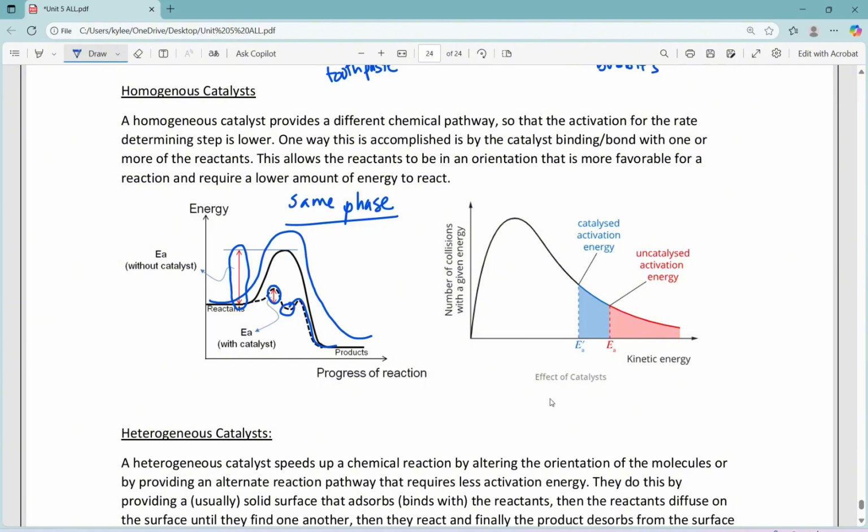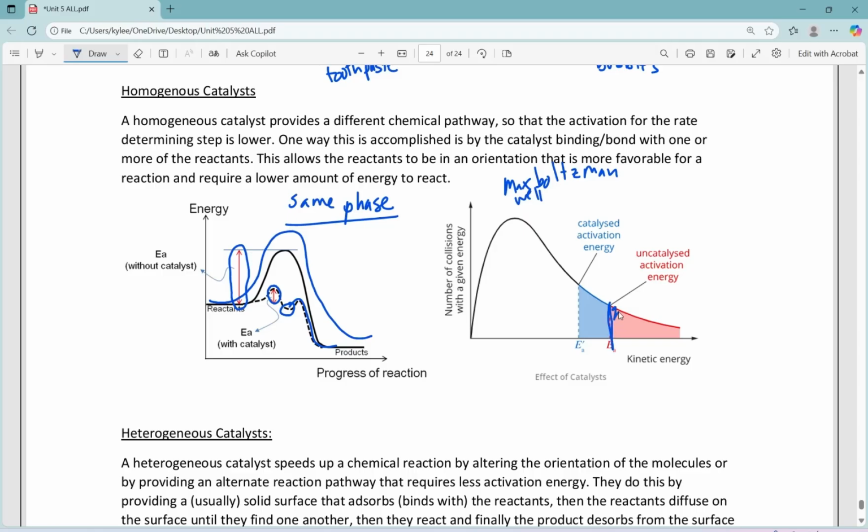On the right, we have the effect of the catalyst when it comes to our Maxwell-Boltzmann chart or graph. We've seen this guy come up again. Without the catalyzed reaction, we're going to have an activation energy that is higher.